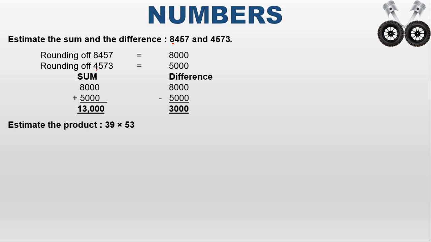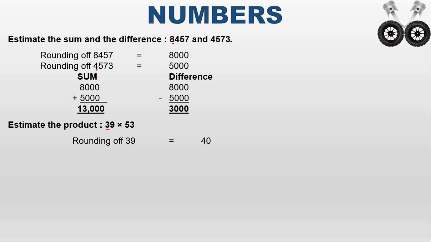Okay. So next one is estimate the product. So the product of 39 into 53. Both have the same number of digits. So you have to round to the nearest 10th position. What is in the 10th position? 3. So you have to look at the right side number, that is 9. So it is greater than 5. So you have to add 1 to the number. So 3 plus 1 will become 4.